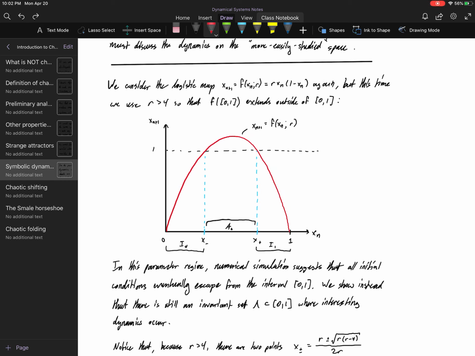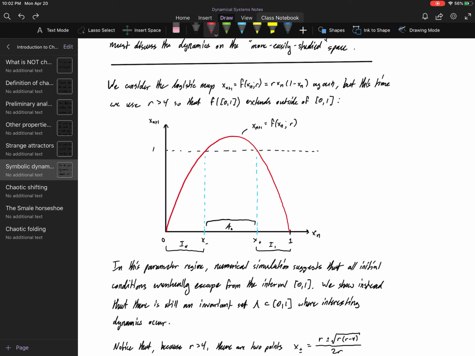So what we would like to do in the following exposition is show that there actually is an invariant subset living inside this interval from 0 to 1 when R is greater than 4. The problem is that it has measure 0, right?